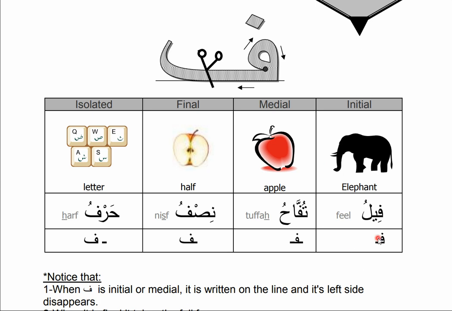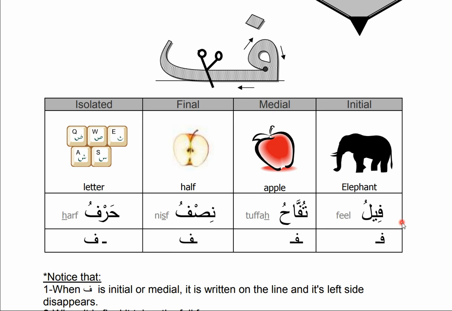So let's see. Fa as initial with the long vowel ya. Feel means elephant. Tufahu. Tufahu. The fa in between is the same. And nisfu, when it comes at the end and isolated, both of them will come back to the original form.